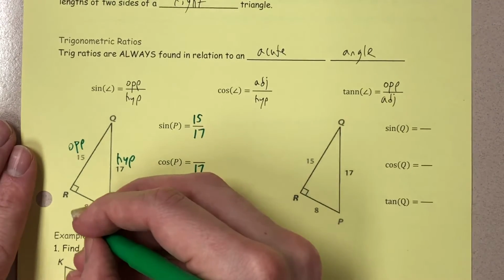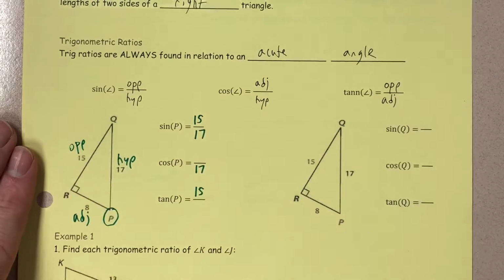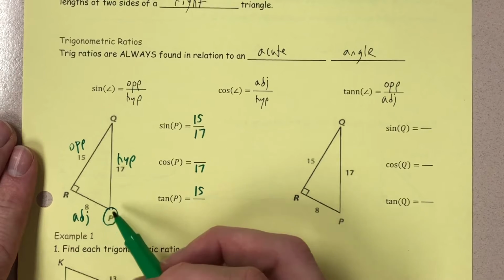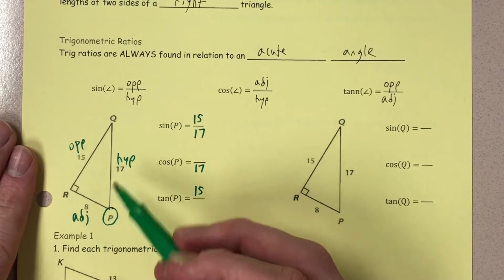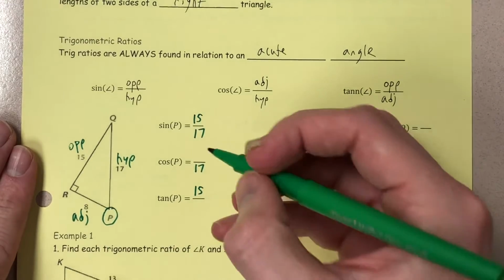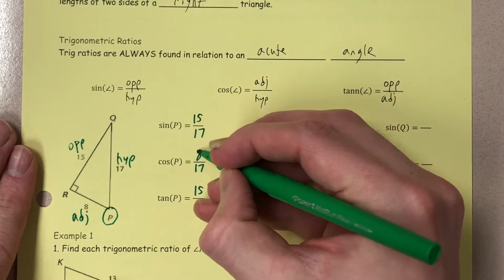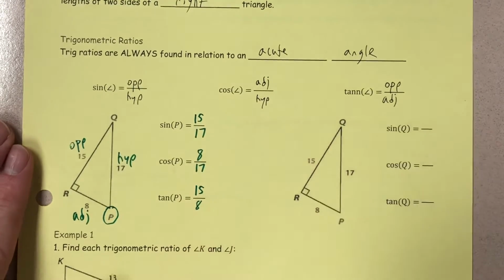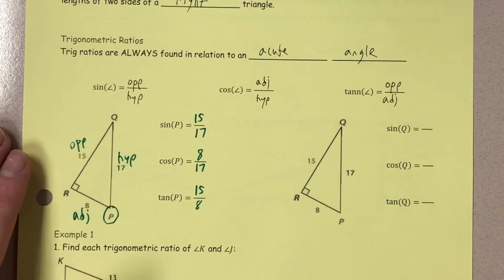Our final side is our adjacent. Adjacent side is the side that touches P but is not your hypotenuse. So it's the side that touches P and the right angle. So there are two places that's filled in, on the top of cosine and on the bottom of our tangent ratio.